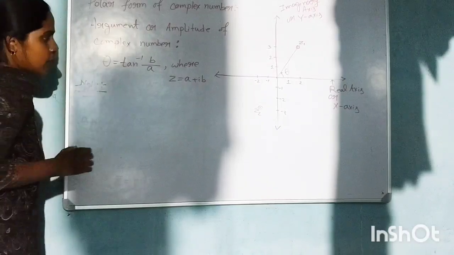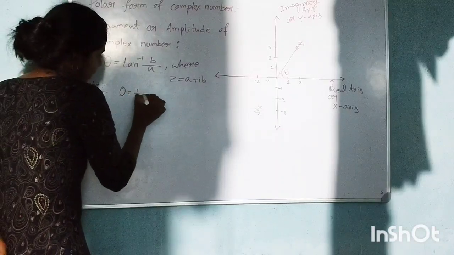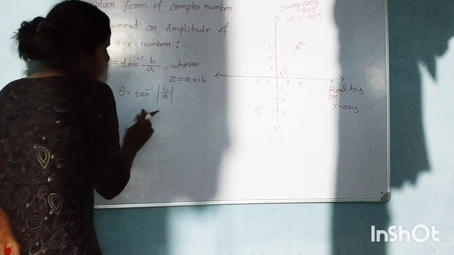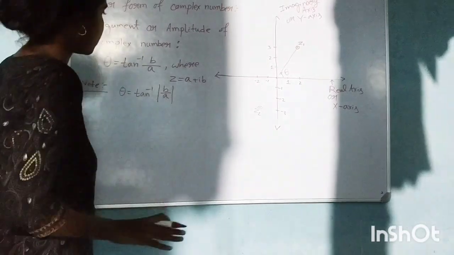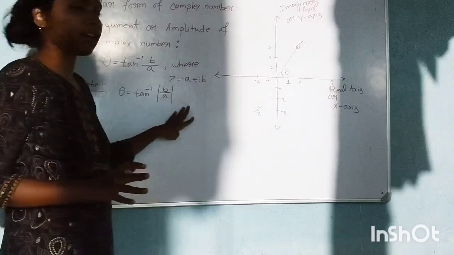How to derive the argument? First derive theta equal to tan inverse mod b by a. We will not take any sign of b by a, just tan inverse mod b by a, taking positive sign. First we will get the angle.